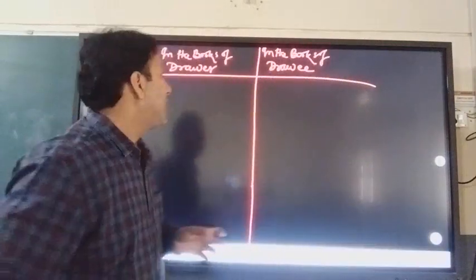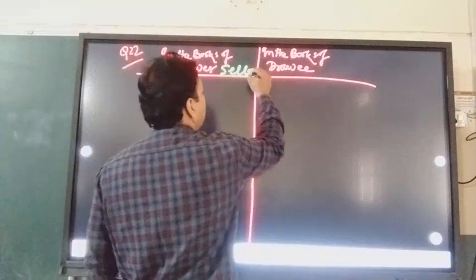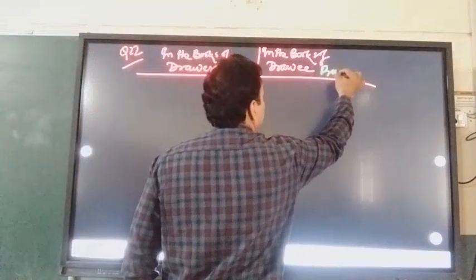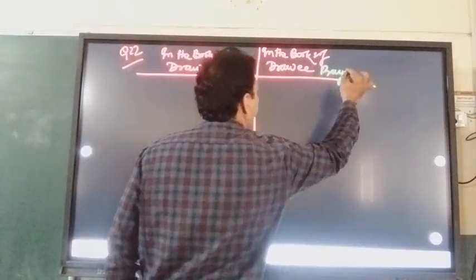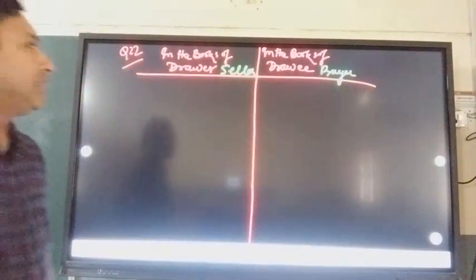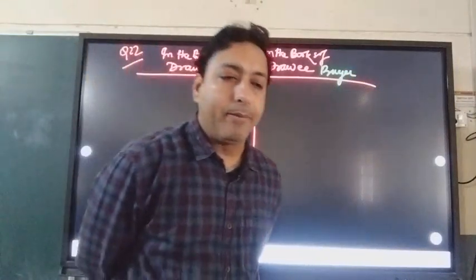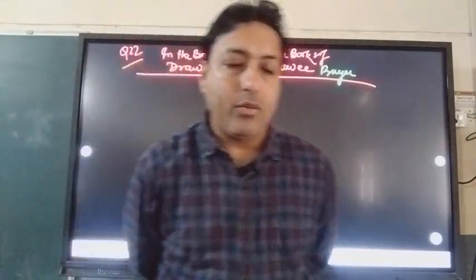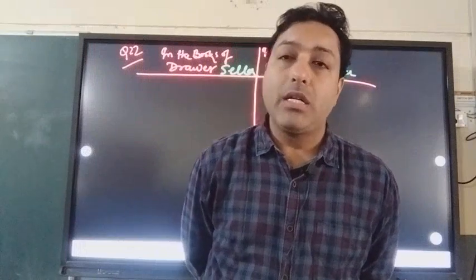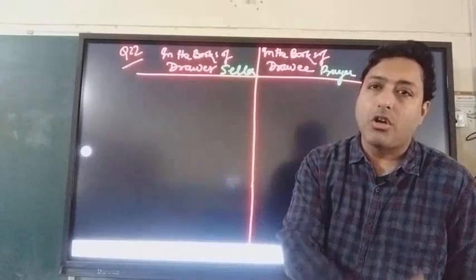Drawer is a seller and drawing is a buyer, a purchaser, you know very well. So see the question and what will be the entry passed in the books of drawing.